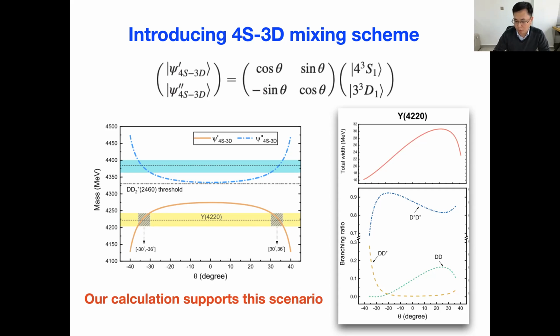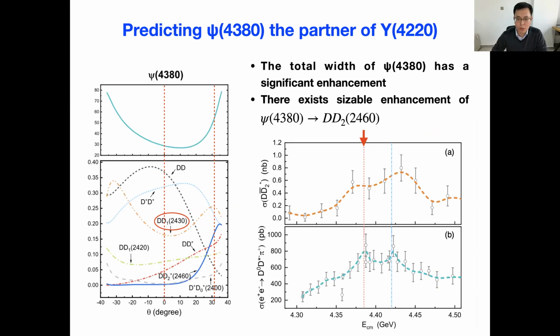We can also find that there exists the DD bar channel to a pseudo-scalar state. So I think this open-channel decay is very important for identifying the Y4220 state.